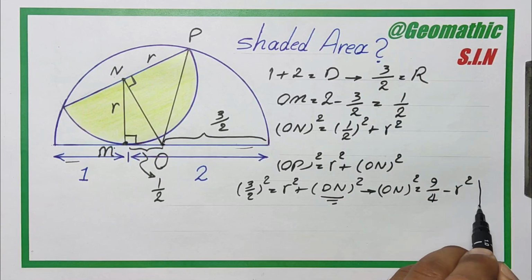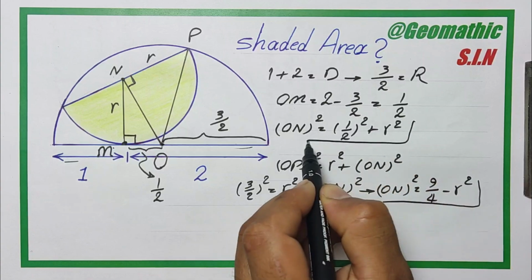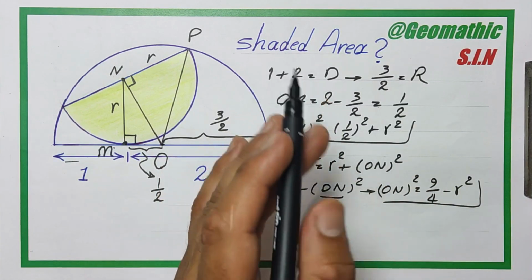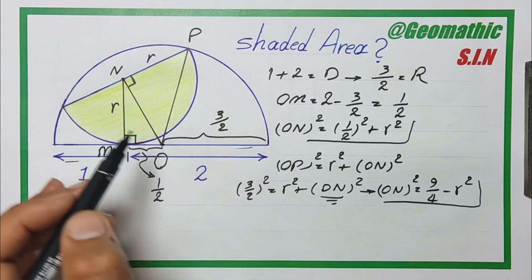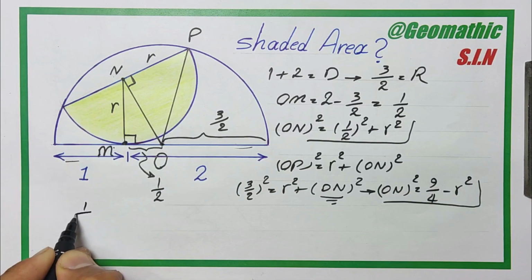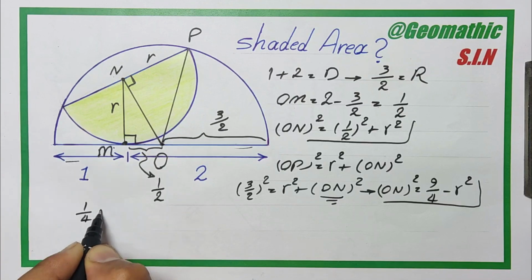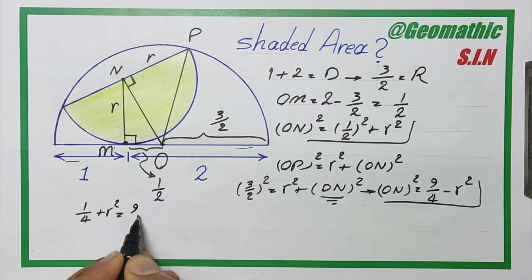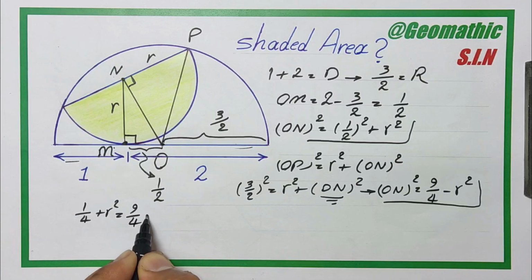Okay, now we have two equations for ON. Setting them equal allows us to find the radius of the smaller semicircle. So 1 over 4 plus r squared equals 9 over 4 minus r squared.